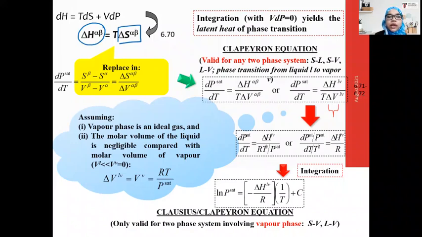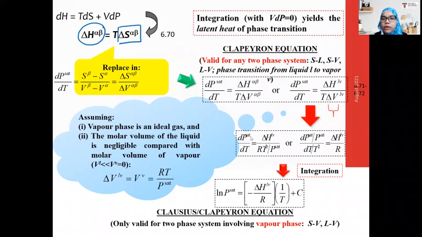Instead of using entropy, we can use delta H, known as the latent heat of phase transition. Finally, instead of the entropy, we have the latent heat, delta H alpha-beta, or for liquid-vapor, delta H liquid-vapor.